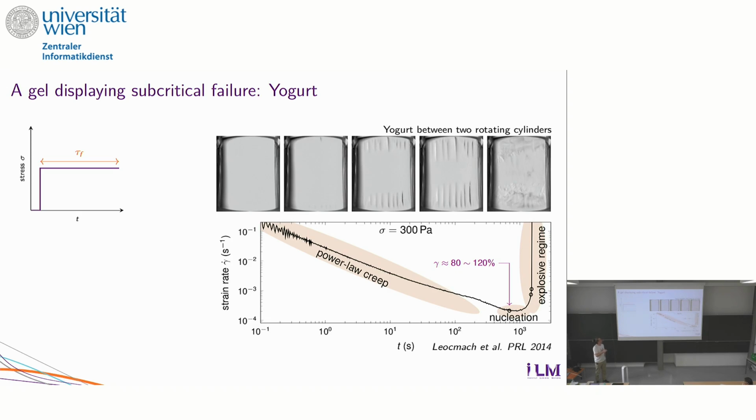And we put that between two concentric cylinders. That's a Couette cell. So we are applying a torque on the inner cylinder, and it's a constant torque. So that's the same experiment as this. And we're looking from the side here. And we also record the strain rate at which the material will deform.